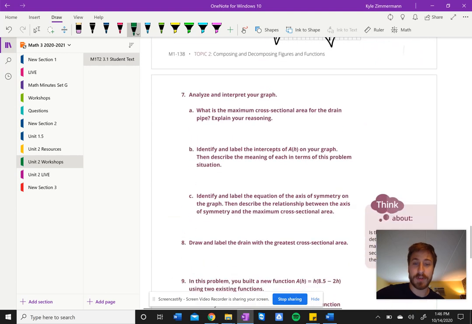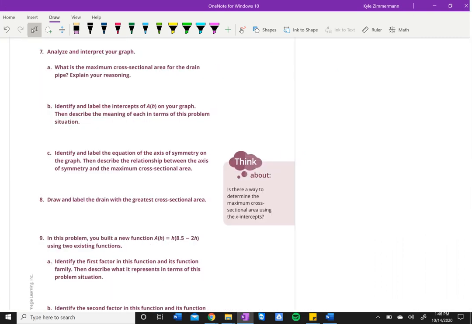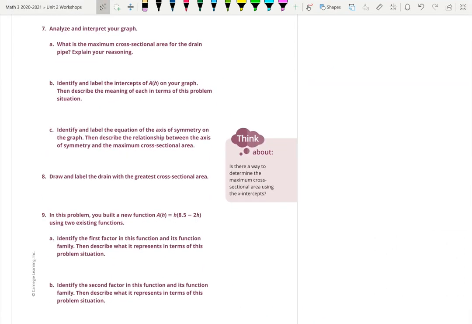All right, so now we're going to go ahead and talk about this graph in detail. I would have the Desmos on a phone that you're looking at, and then we're going to discuss. So let's dive on in. What is the maximal cross-sectional area for the drain pipe? And then explain your reasoning. Just don't be intimidated by the language.